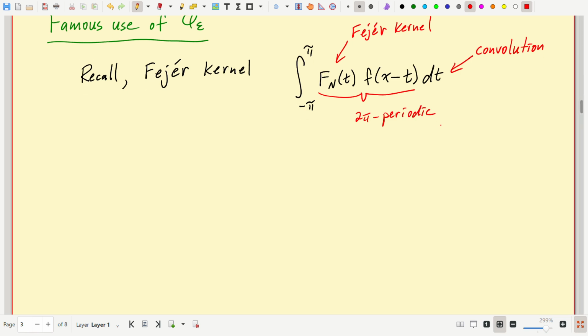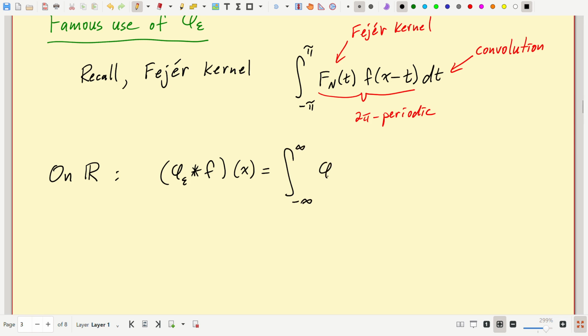If you want to do a convolution on R, the whole real line, I would write phi epsilon convolved with f, that's the symbol for convolution, at x. That stands for the integral from minus infinity to infinity of phi epsilon of t times f of x minus t dt.